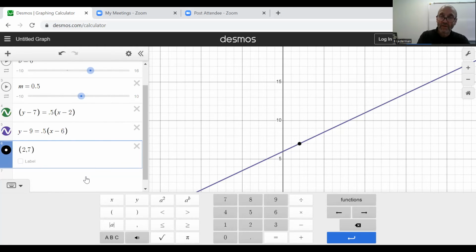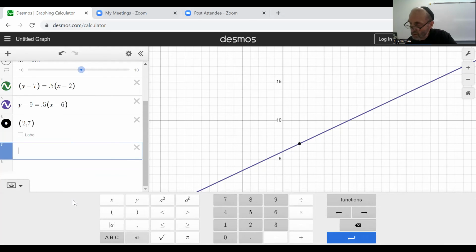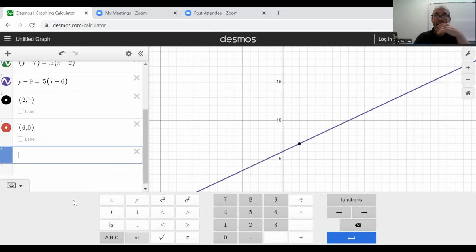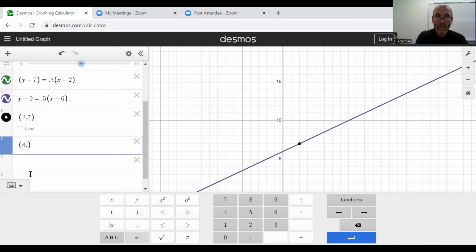And the other point that we used, originally I said connected 2 dots, was 6 comma 9.